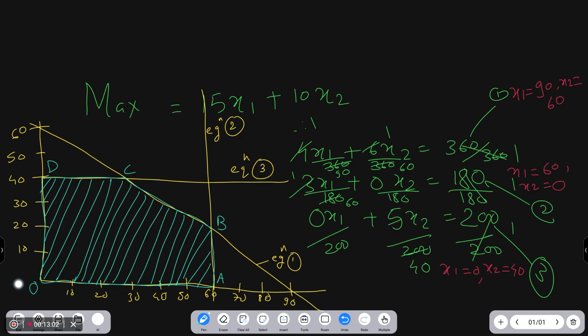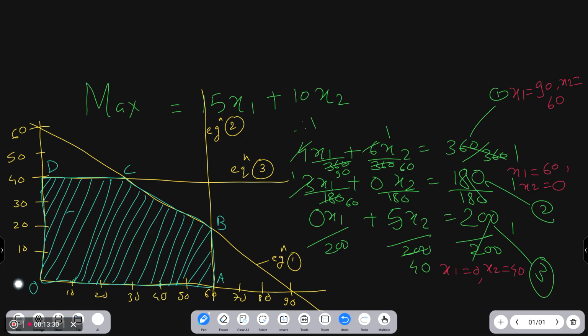How do we identify that? By observing whether equations 1, 2, and 3 all touch that region at least at one intercept point. Every equation here touches that region.